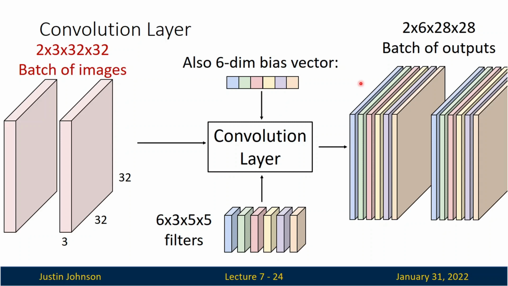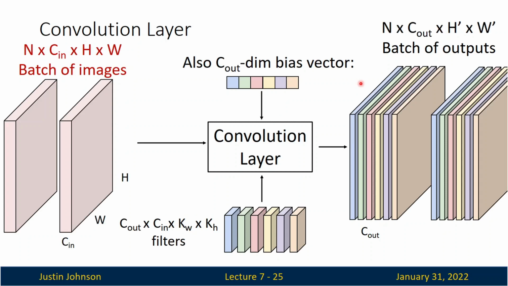When you change the number 2 to N, you will have N instances for the same convolutional layer. Each of the instances has C-in channels, and each image's width and height are H and W. With the same filter bank, you will generate a set of N feature maps.